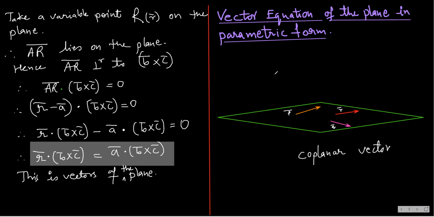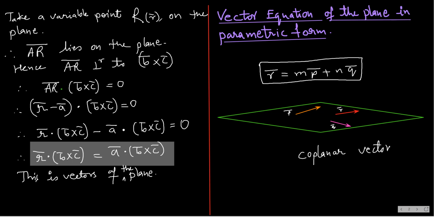It means that I will have r bar equals m p bar plus n q bar, where m and n are unique real numbers. I'll be able to write r bar, which is one of the vectors, as a linear combination of the other two vectors p bar and q bar.